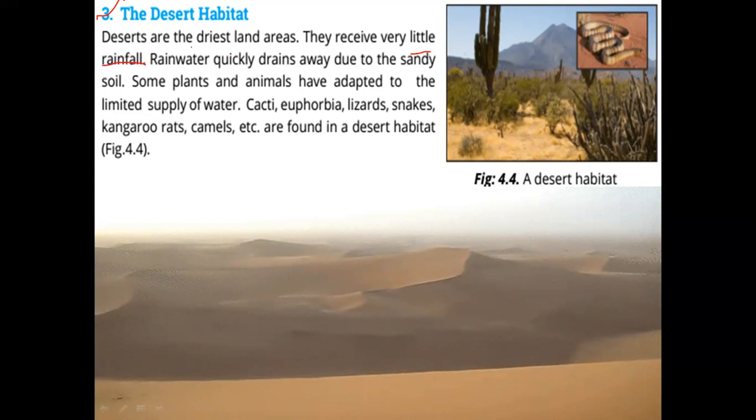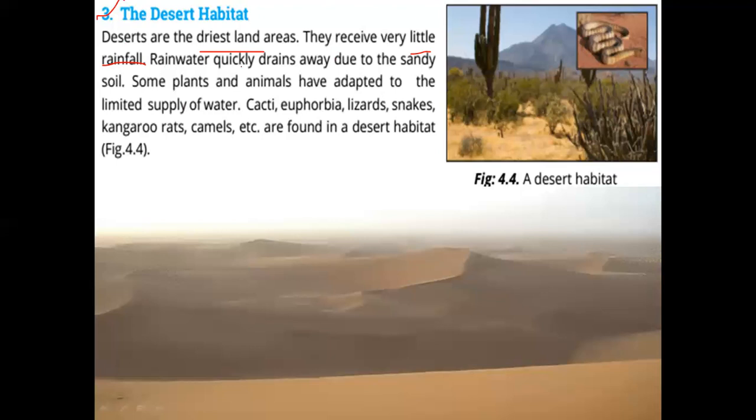Scarcely is there rainfall, sometimes in many years there is only 1 or 2 times rainfall over there. Deserts are the driest land areas, so the soil changes into sand.